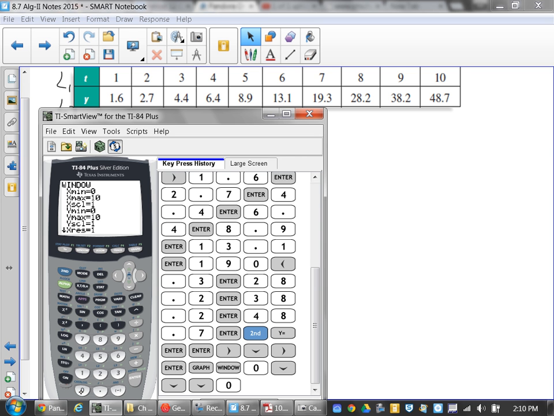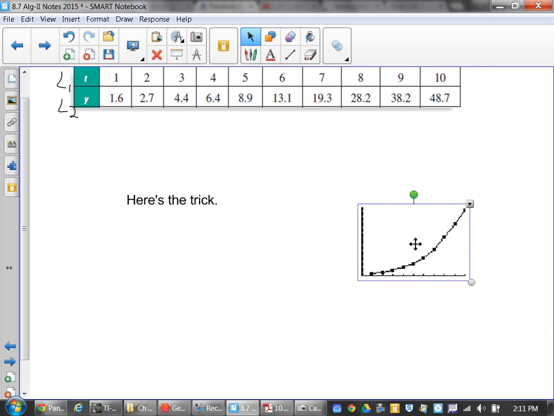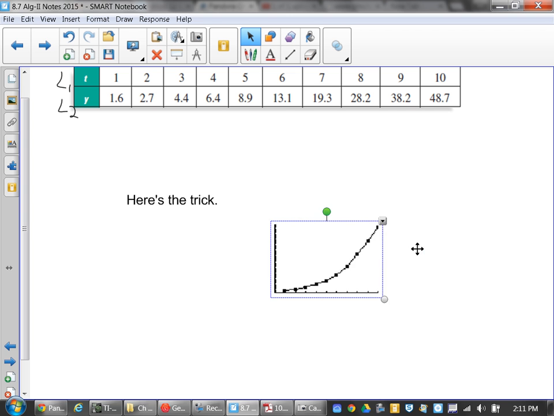And what am I going to put my maximum at? 50. Good. This is going to give us a little bit better idea of what it looks like. Everybody's looking kind of like that? Now, right off the bat, this looks like an exponential function. It's increasing at an increasing rate.